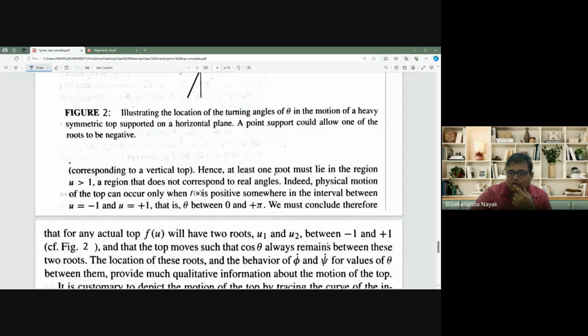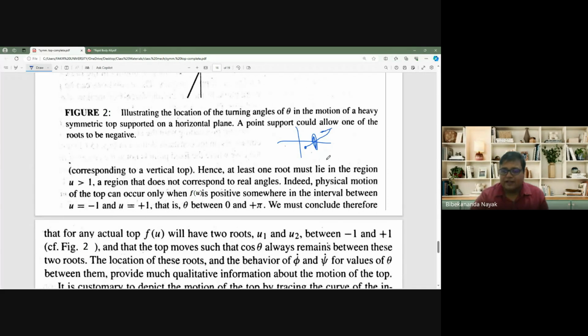Hence, at least one root must lie in the region u greater than 1. From the analysis, for large u it is positive, but at 1 it is negative. That means it crosses at a point for u greater than 1, and this gives you a root.